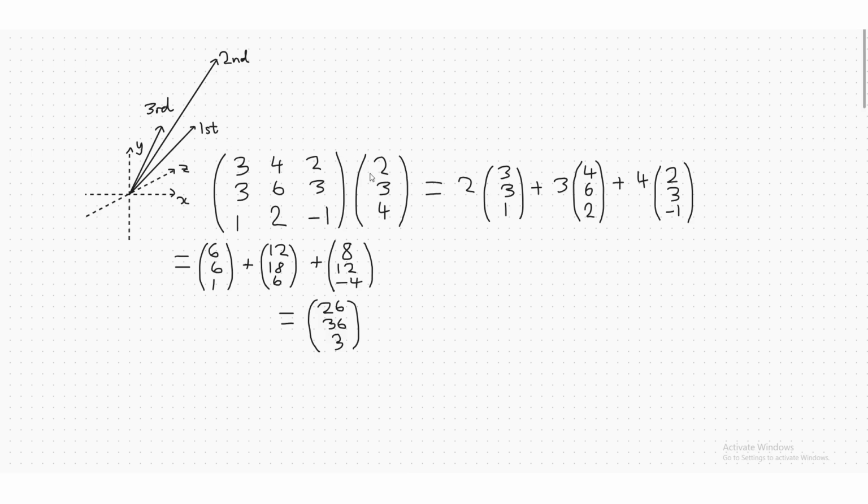It has 2 amounts of 3, 3, 1, the first new basis vector, 3 amounts of the second new basis vector, and 4 amounts of the third. If we add them all together, we find our transformed vector in our new coordinate system with different basis vectors has 26x, 36y, and 3z. That's a massive change from what it would otherwise have been, 2x, 3y, and 4z.